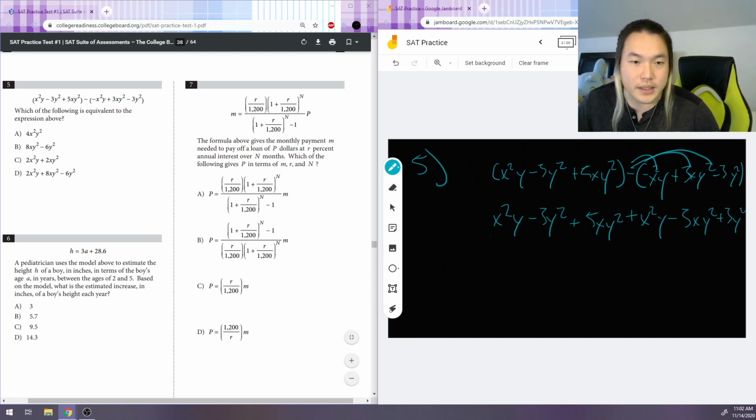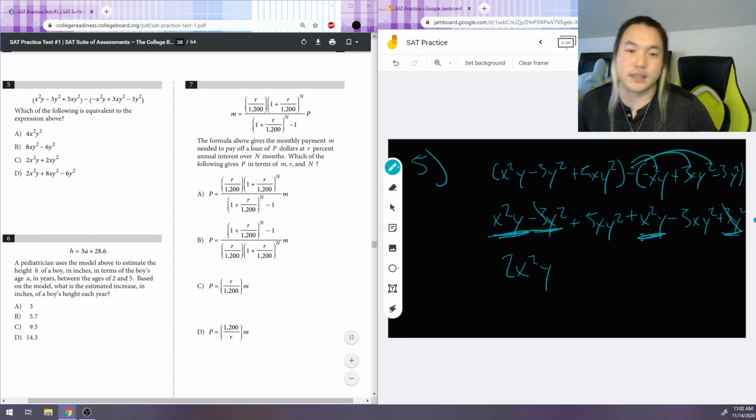Okay, combine like terms. We have x squared y, we have another x squared y. That's 2x squared y. We have a minus 3y squared and a plus 3y squared. That's 0. Plus 3 minus 3 is 0. And then we have a 5xy squared minus 3xy squared. 5 minus 3 is 2. Okay.